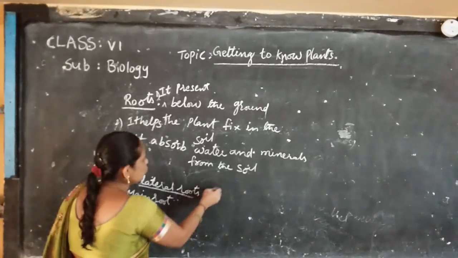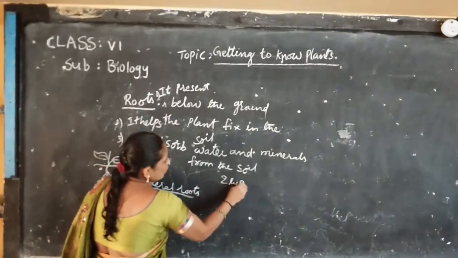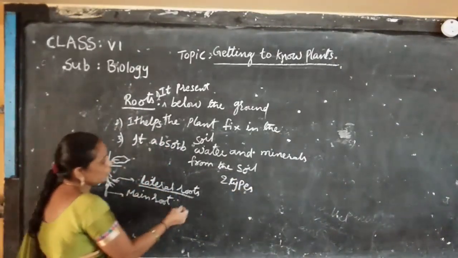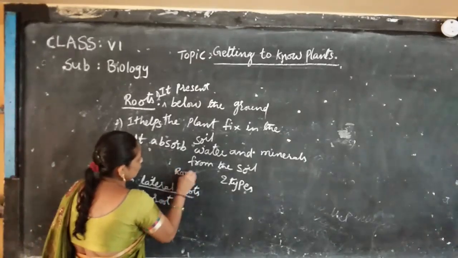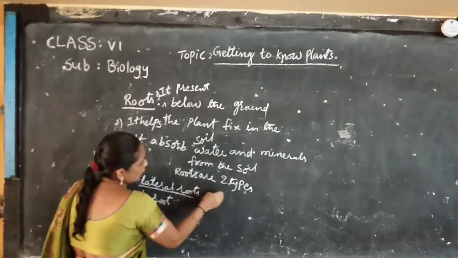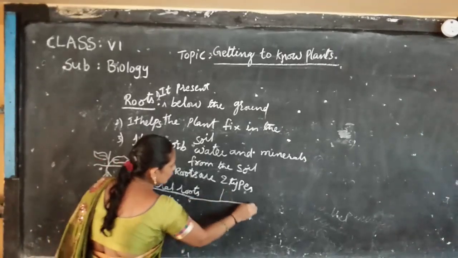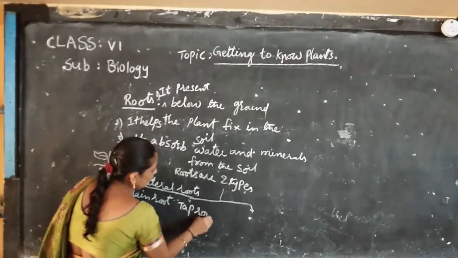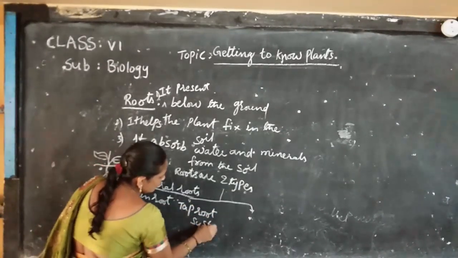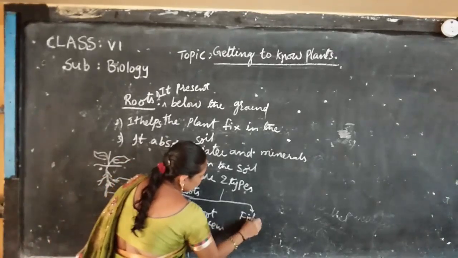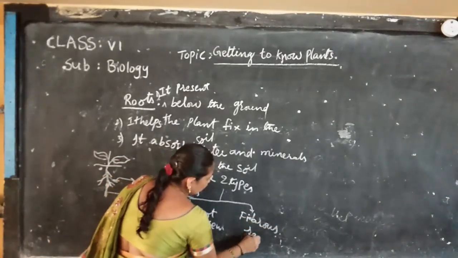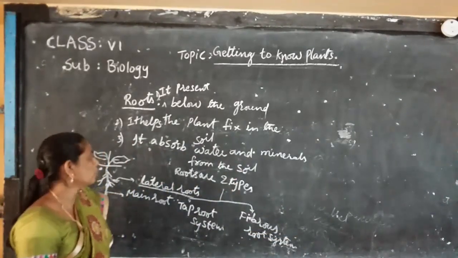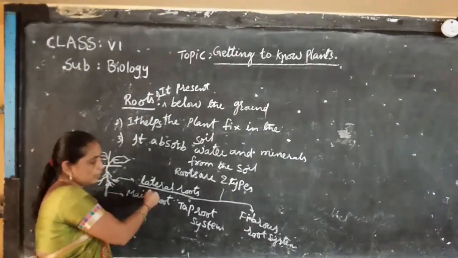Based on the main root, roots are divided into two types: the tap root system and the fibrous root system. Thank you. In the next section we will discuss the types of roots.